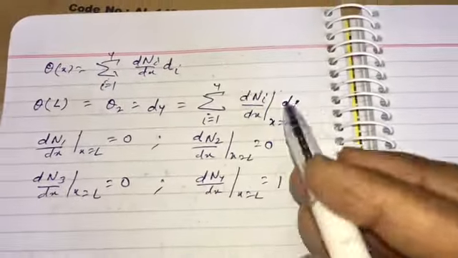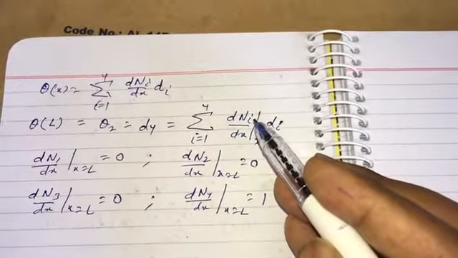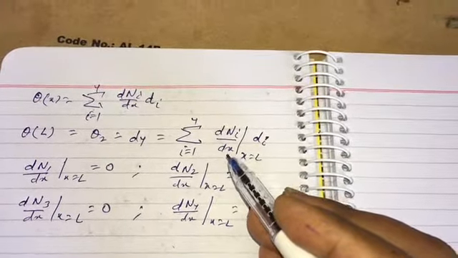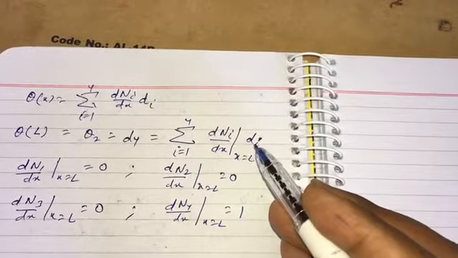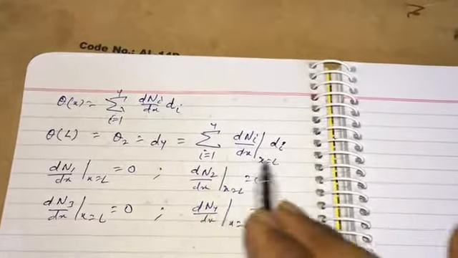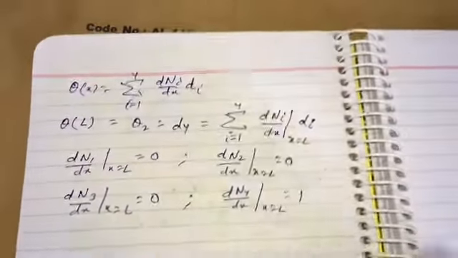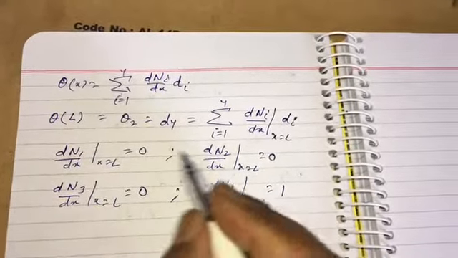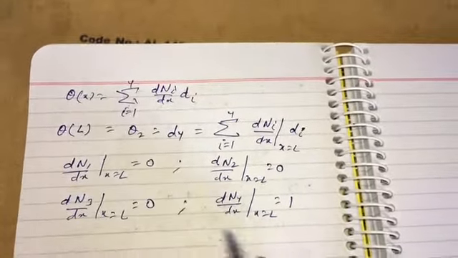Since dN4 over dx is equal to 1, this multiplied by d4 becomes theta 2, and hence this expression is valid. So we got one set of constraints here as well.